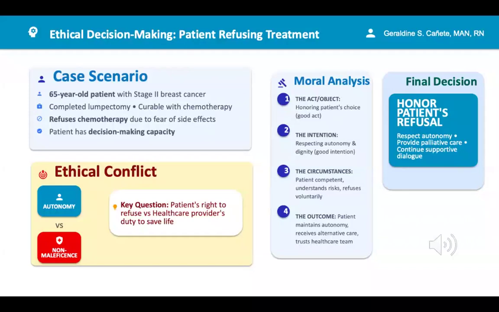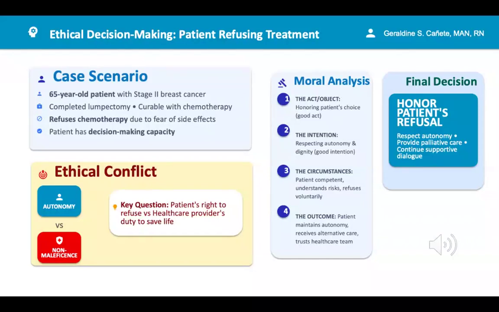Now, the key question in this case is, does the patient's right to refuse treatment override the healthcare provider's duty to save life? This is a complex question with no easy answer actually. It requires careful consideration of all the relevant factors and the commitment to respecting the patient's wishes as much as possible.